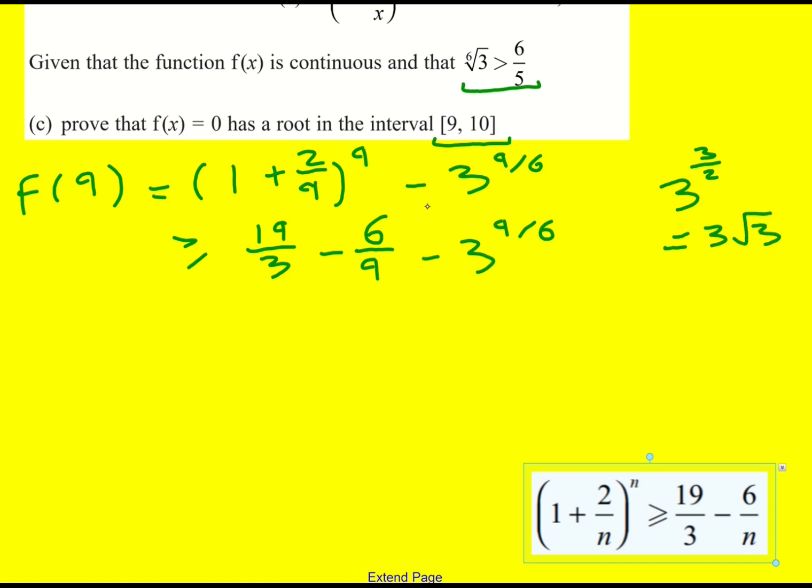So let's put this, oh, and this actually simplifies to 2 over 3. So f of 9 is greater or equal to this, which is equal to 17 over 3 minus 3 root 3.